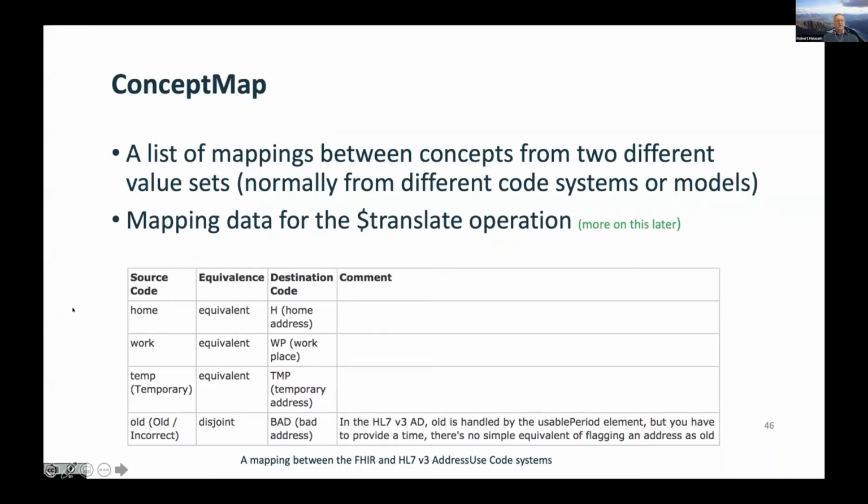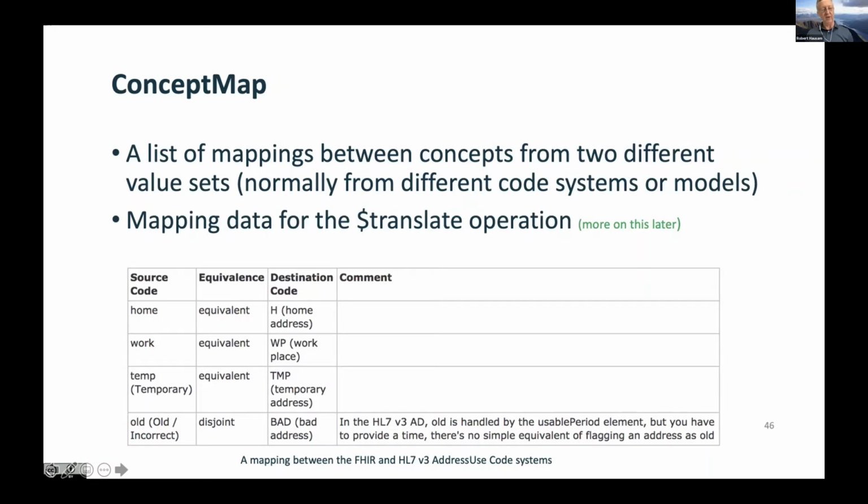So let's say a little bit about the concept map resource. Basically, it represents a list of mappings between concepts from two different value sets. It's typically based on value sets. Normally, those are going to be from different code systems or models. There are some cases where you might map between concepts within the same code system.